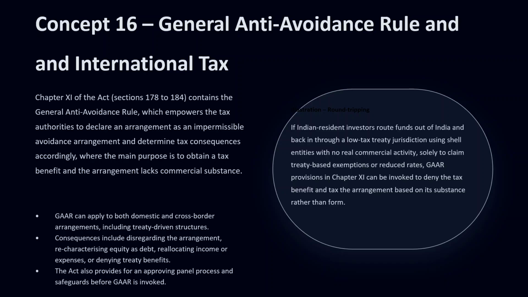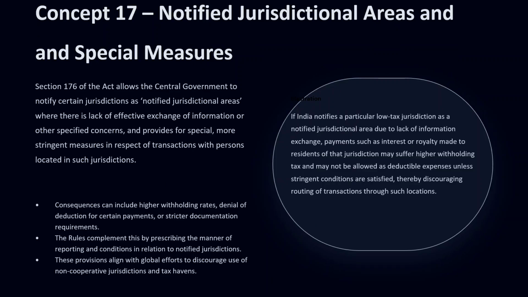Okay, so let's proceed to our next concept, which is the concept of notified jurisdictional areas. So, guys, another important risk management tool in international tax is the concept of notified jurisdictional areas. Section 176 here of the Income Tax Act empowers the government to notify certain countries as notified jurisdictional areas, where, for example, there is a lack of effective exchange of information or other specified concerns between the governments.